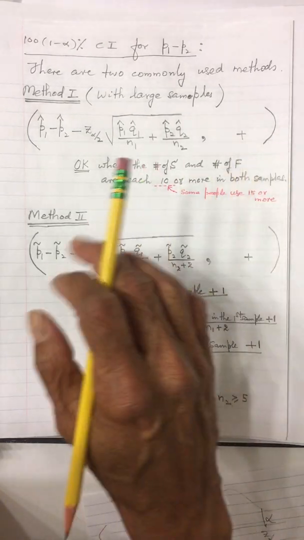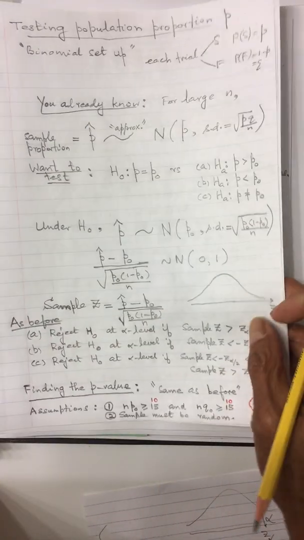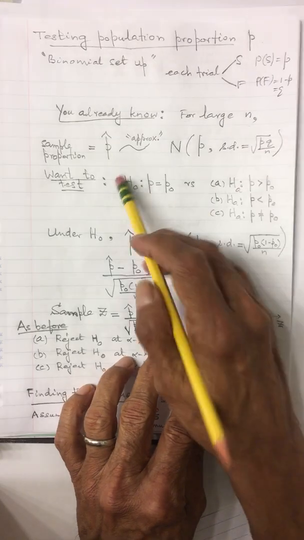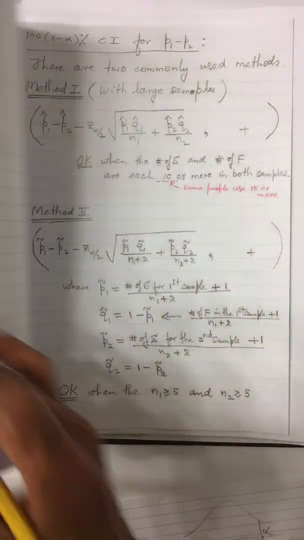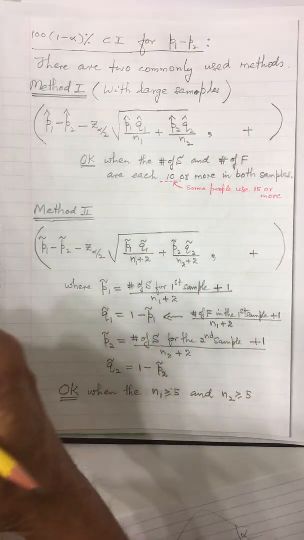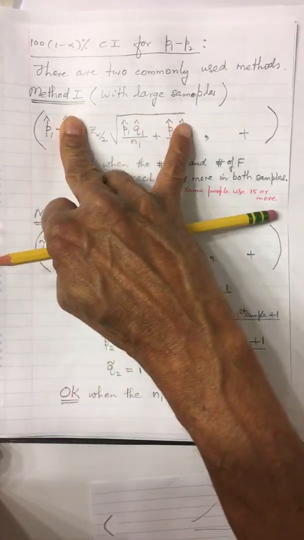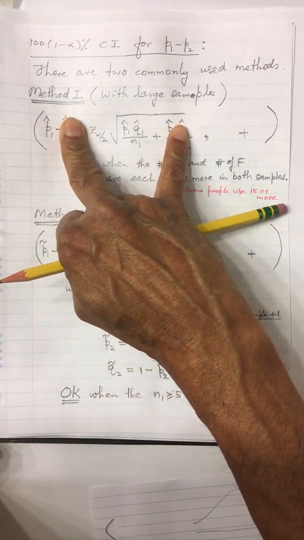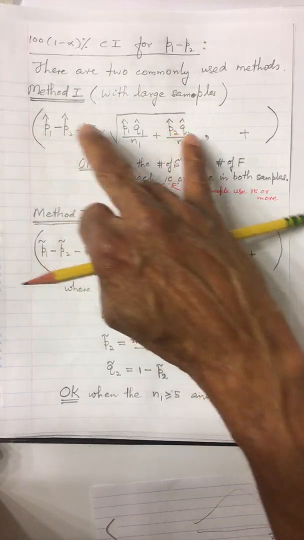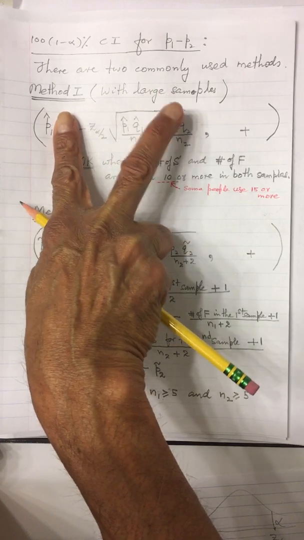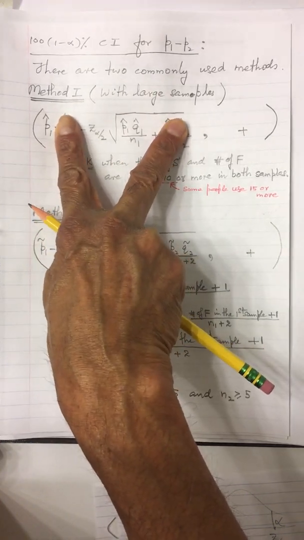So if that's the case, you remember that we did the same thing with the one sample case. In the one sample case we had P hat, Q hat, and we did not have this as well as that.